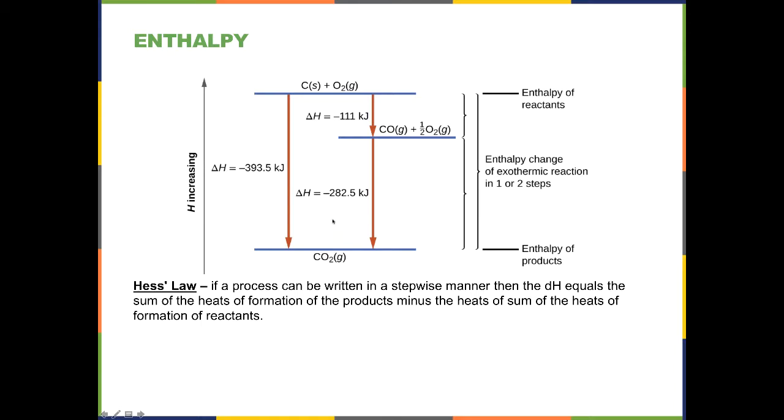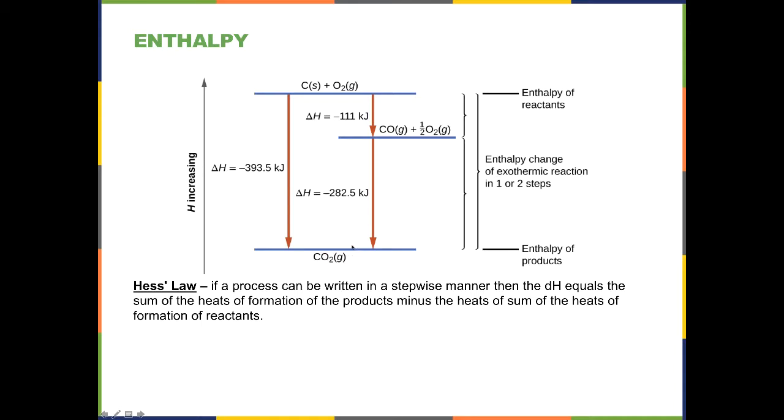One way to find that is to go through 2 steps: carbon plus oxygen to form carbon monoxide, and then carbon monoxide plus another oxygen to form carbon dioxide. You can add the heat of formation from the first step to the heat of formation of the second step, and the total will equal the heat of formation from the top to the bottom.